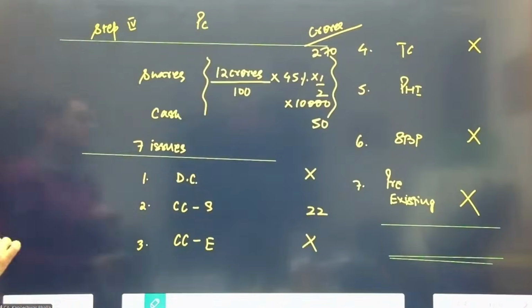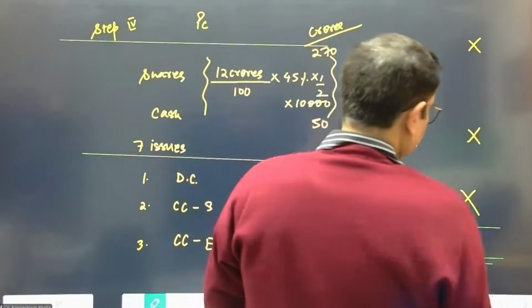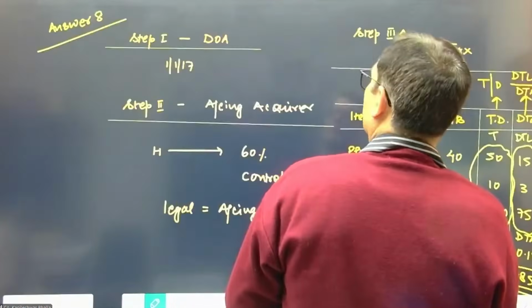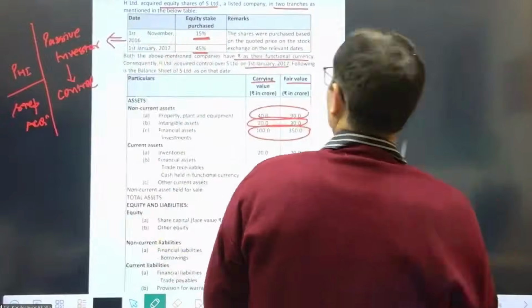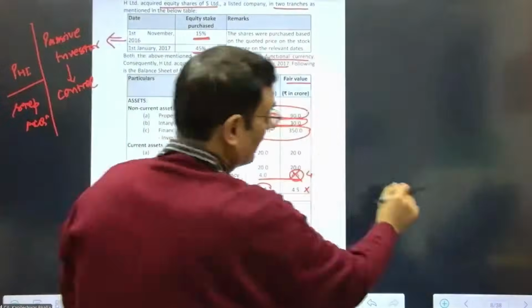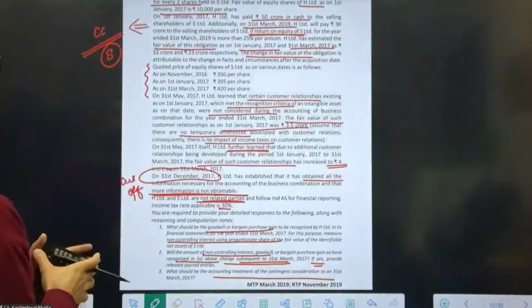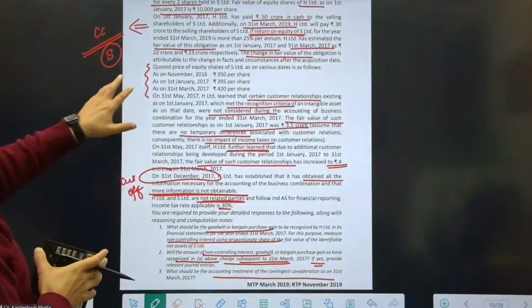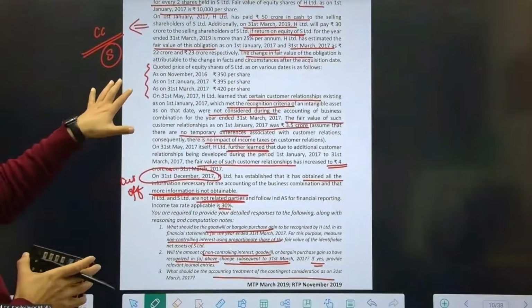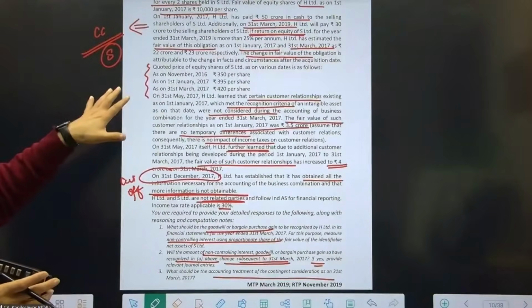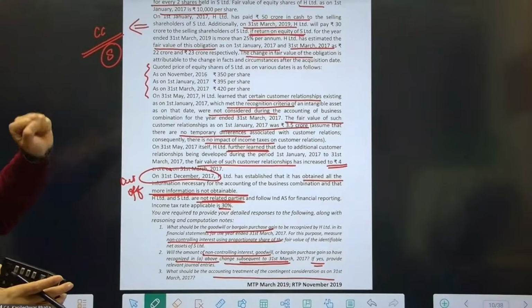Now, in terms of the PHI, we need to consider the fair value. So let's get back. We acquired, I think, initially a 15% stake in the company. And we know the value of the shares. The quoted price of shares, that we don't need at the moment. We just need the fair value of the shares which were acquired earlier. 395, sir.